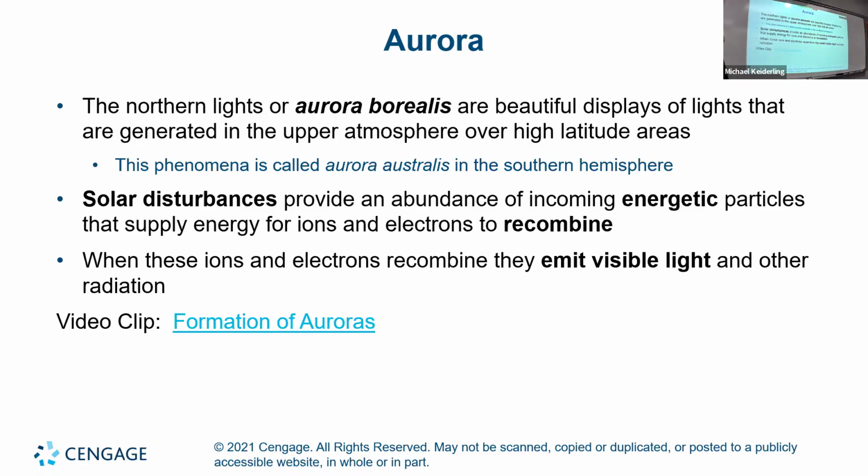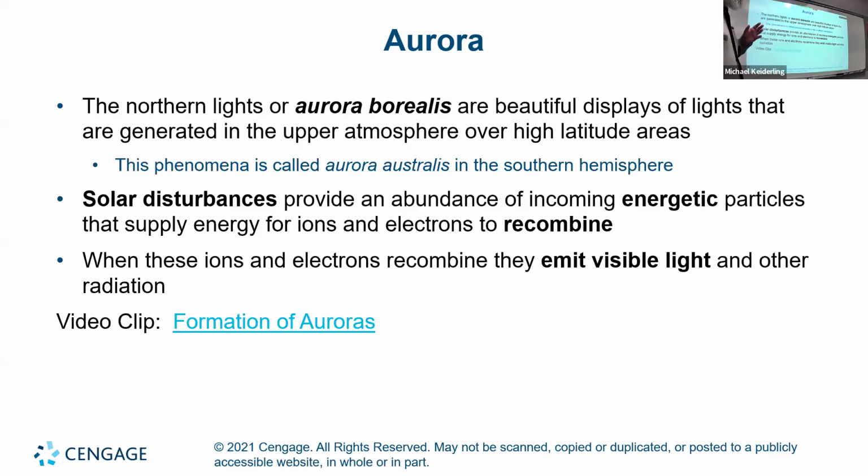So solar disturbances provide an abundance of incoming energetic particles that supply energy for ions and electrons to recombine. So basically, high energy particles spit out by the sun get trapped by the Earth's magnetic field, and then when they slam into the atmosphere, they ionize atmospheric material, and then those things recombine, and when they recombine, they emit light.